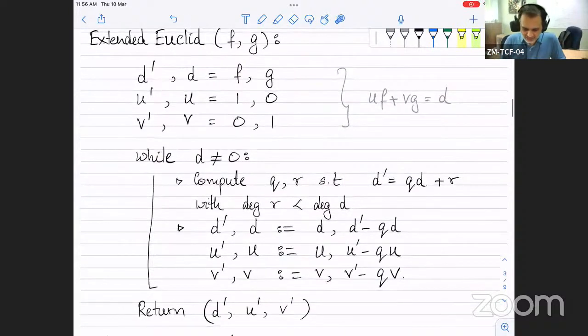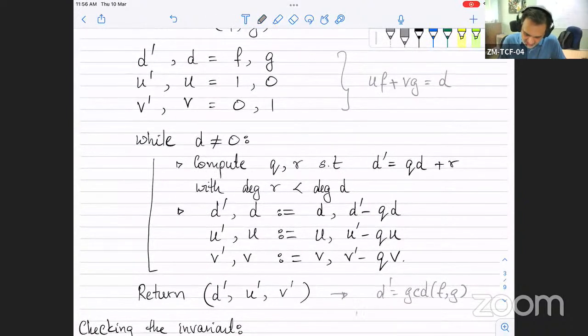At the end, I was supposed to output d prime, but now along with d prime, I will output u prime and v prime, so that I am guaranteed that d prime is equal to the GCD of f and g. The invariant says that u prime f plus v prime g is equal to d prime. So that's what the extended Euclid algorithm does. It does a bit more than just telling you what the GCD is. It tells you how you can get the GCD as a small combination of f and g.